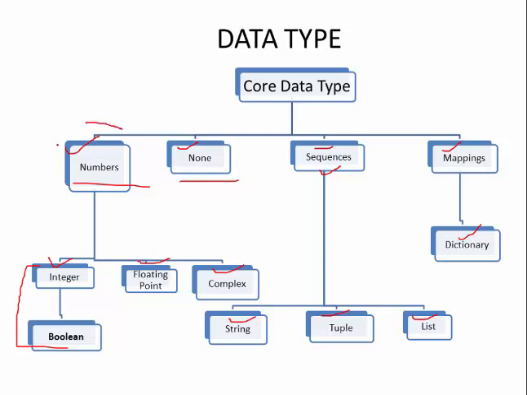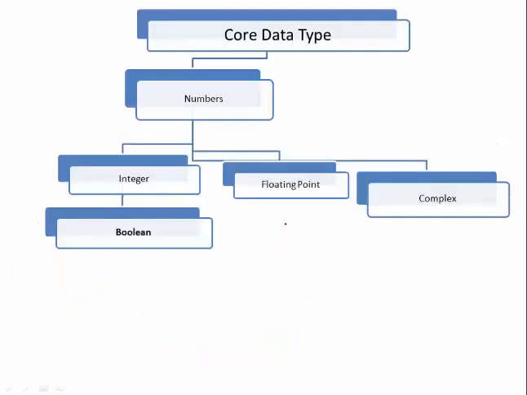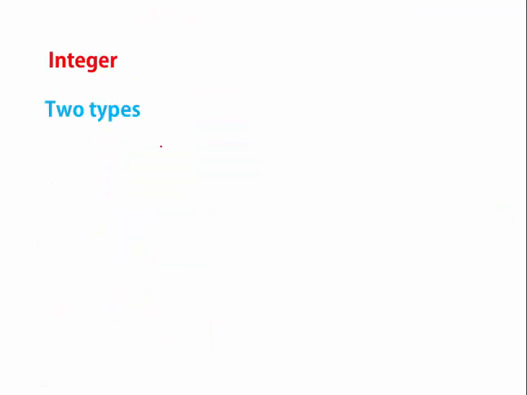Firstly we are going to cover integers, these numbers. Under number we have seen integer, floating and complex, and boolean is under integer only. So we are going to learn about integer, floating point and complex numbers. First we talk about the integers.